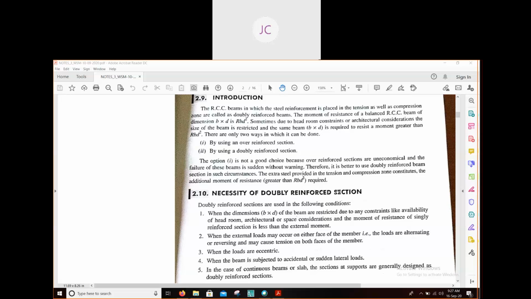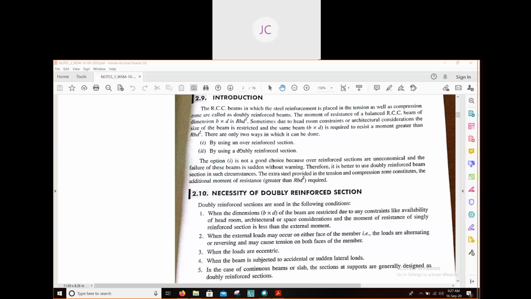if you go for a single reinforced beam, then in some situations, due to restriction of space or some architectural consideration, you will see that the actual moment developing on the beam is more than the bending moment which can be resisted by a single reinforced beam. So in that case, we will have two options.